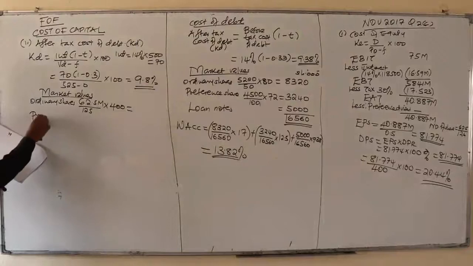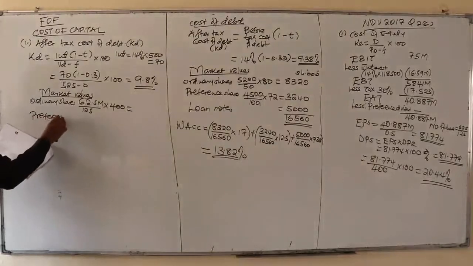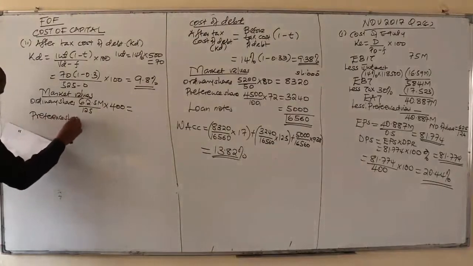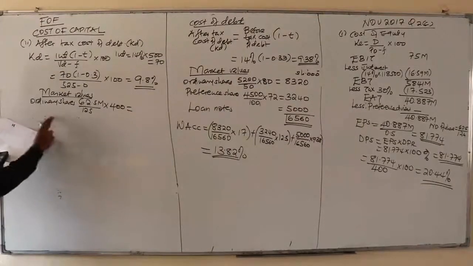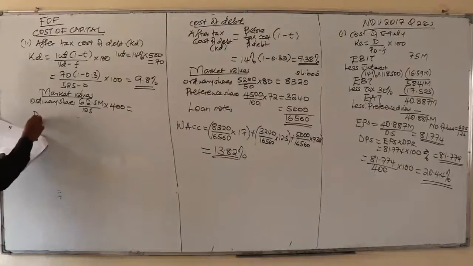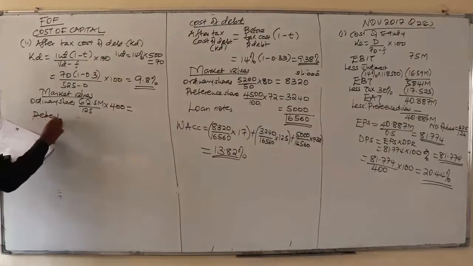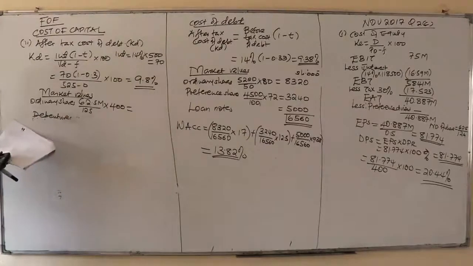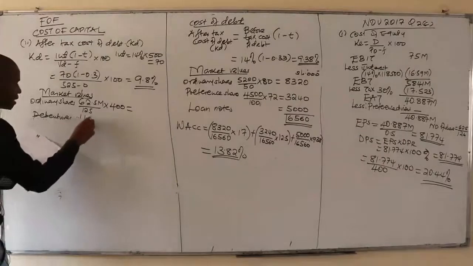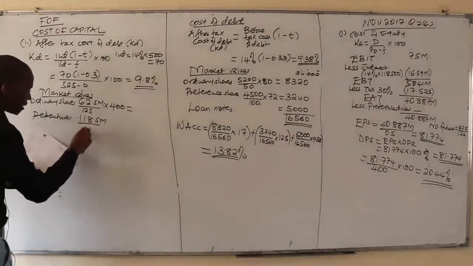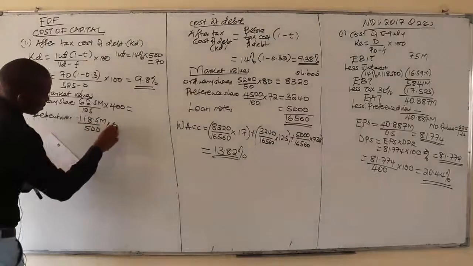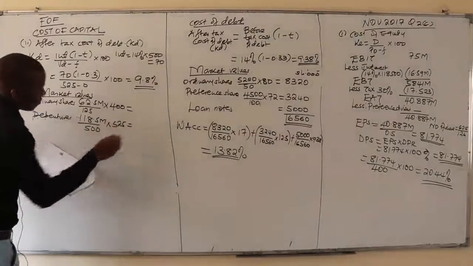The preference shares, there were no preference shares, it was only the debentures. So you also have the debenture. You do the same. Debentures on the trial balance was 118.5 million. You divide by 500, they were currently trading at 525, multiply by 525.